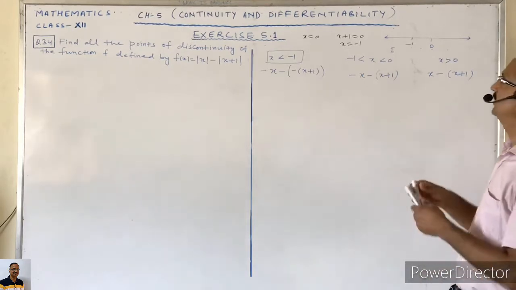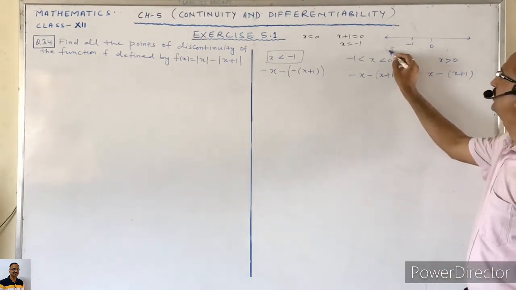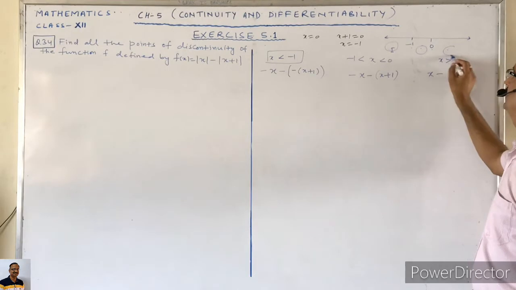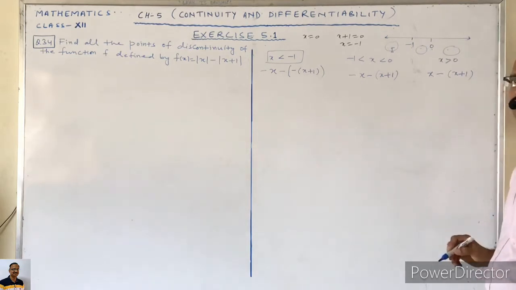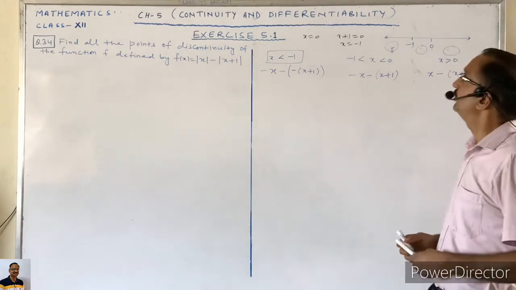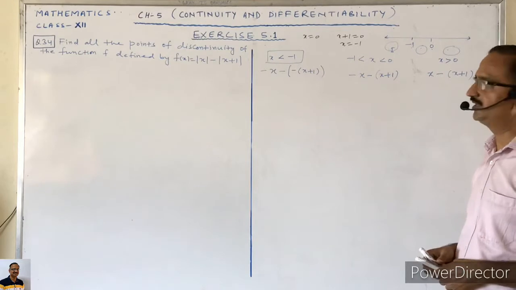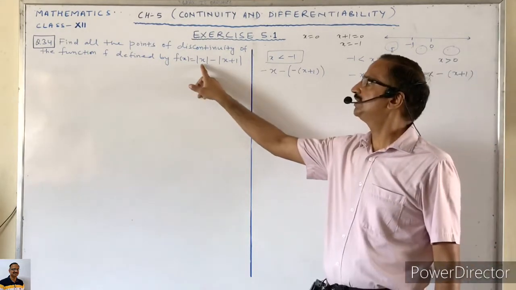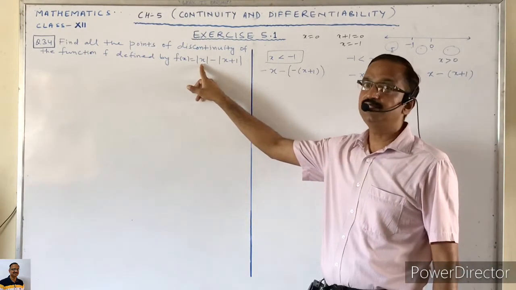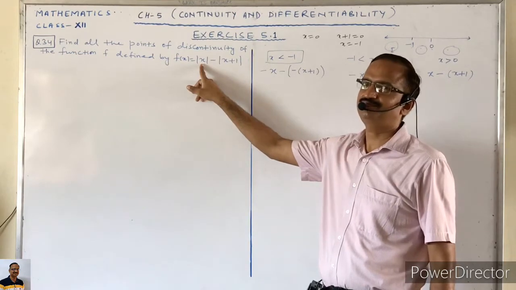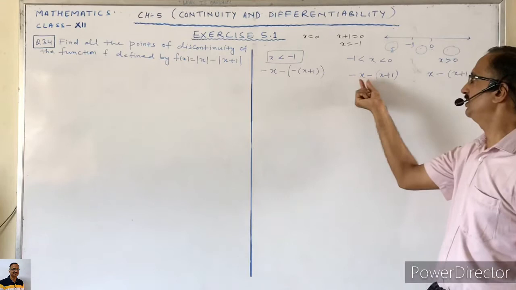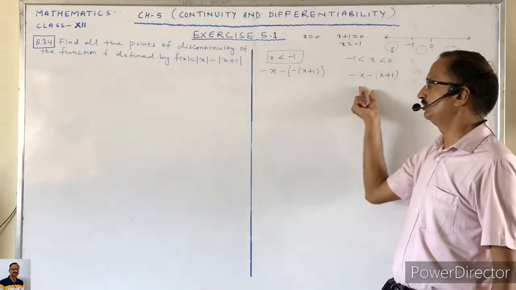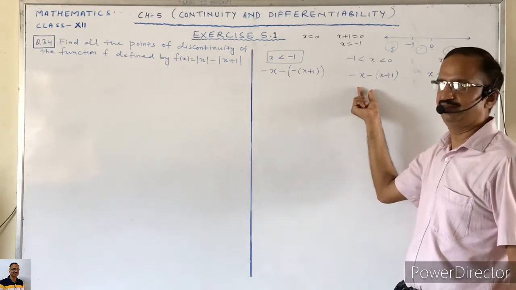Now what about at x = -1 and 0? We have only considered these parts so far. But what about at x = -1 and x = 0? So put x = -1. When we put x = -1 here, this is negative. Okay? So this is negative and this is negative. It means out of these two, we have to consider 1.